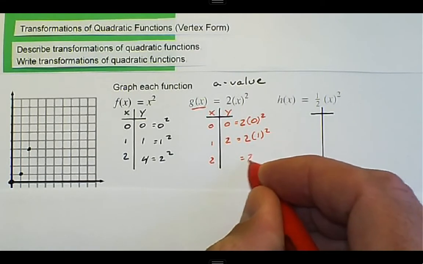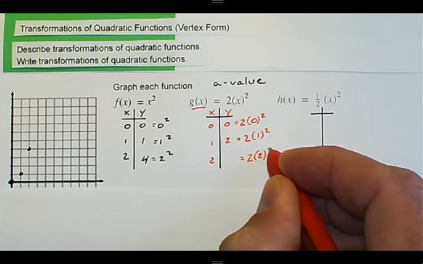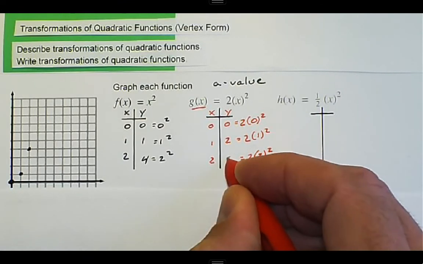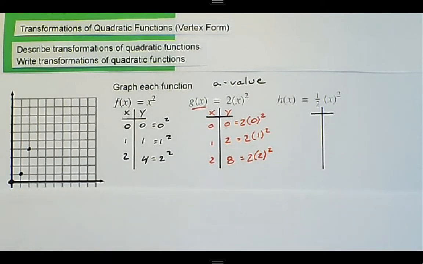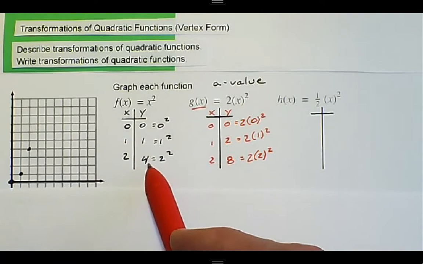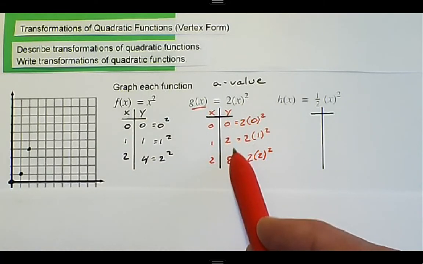And then we have 2 times 2 squared. 2 squared is 4 times 2 is 8. So we can look at the points (0, 0), (1, 2) and (2, 8).